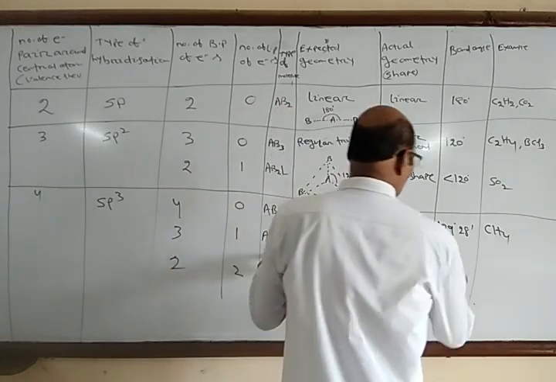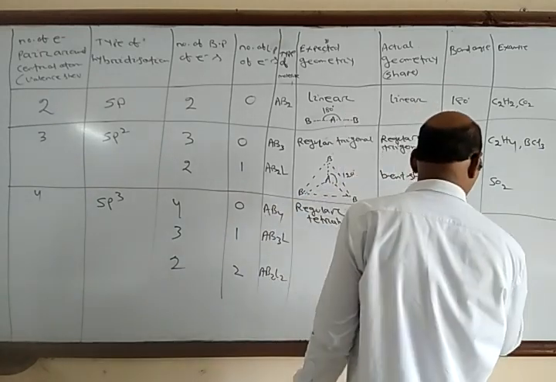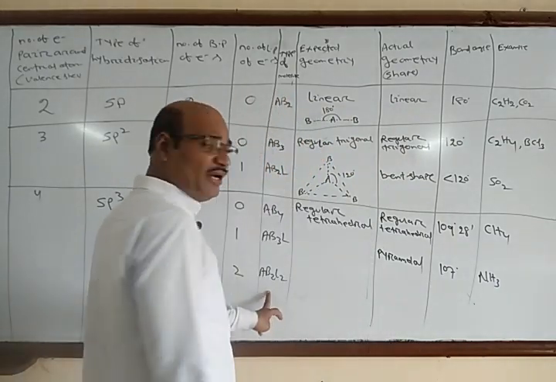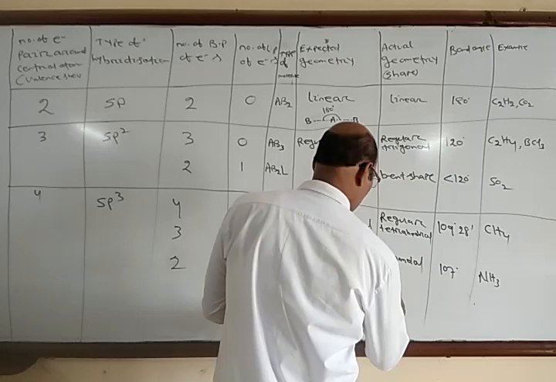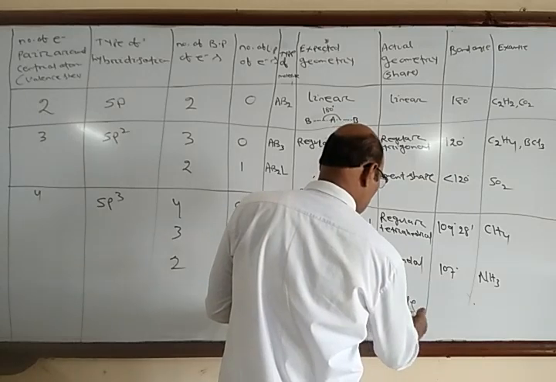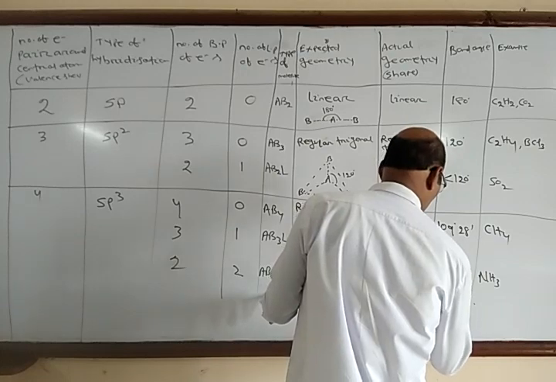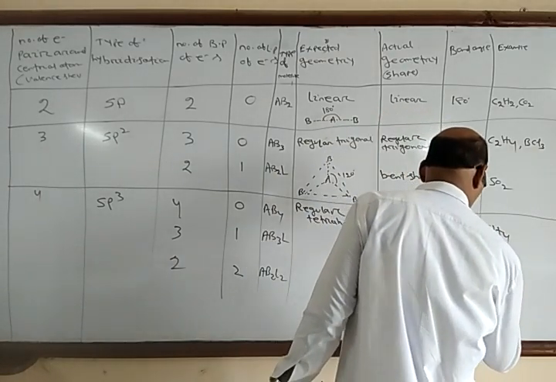Here 107 degrees. I can take the example of NH3. And AB2L2 is the V shape. The bond angle is 104.5 degrees. I can take the example of the water molecule.